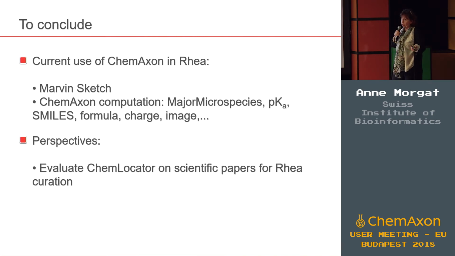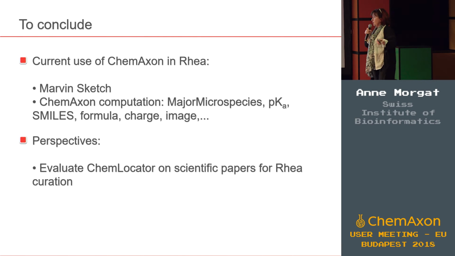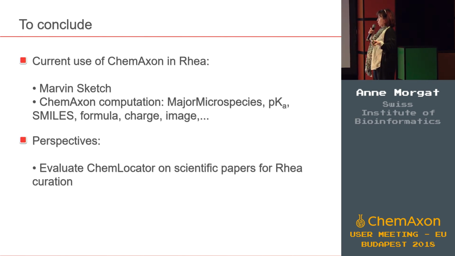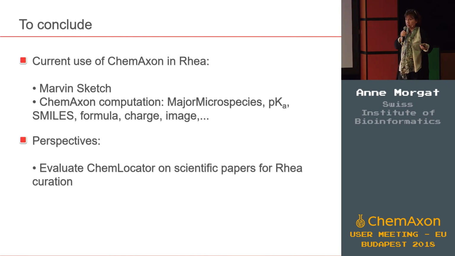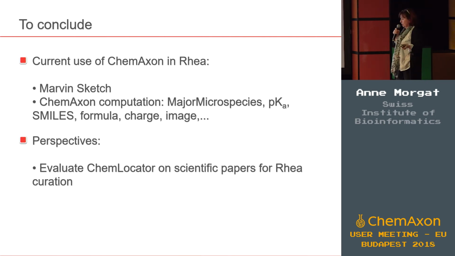And in our to-do list, we want to evaluate Chemlocator on scientific papers for Rhea curation. During this meeting, I already learned about Chemlocator during the workshop, and I also had a lot of discussion about our project. So this is something we will really consider in the future.